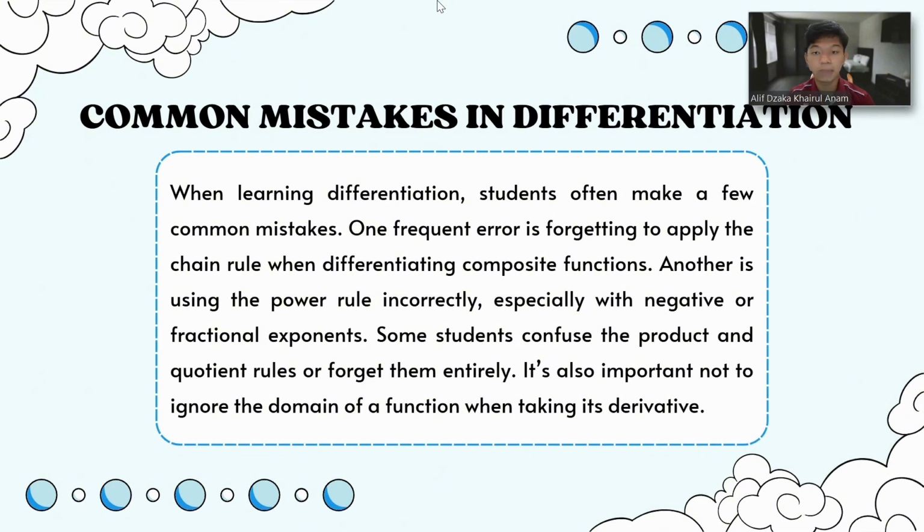Another is using the power rule incorrectly, especially with negative or fractional exponents. Some students confuse the product and quotient rules or forget them entirely. It's also important not to ignore the domain of a function when taking its derivative. Okay, next slide.